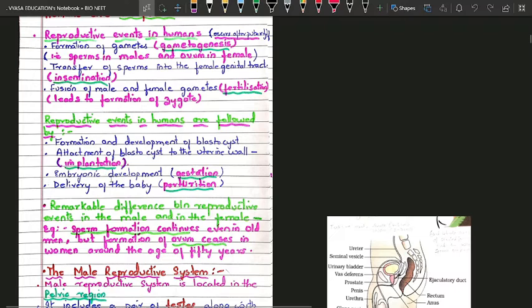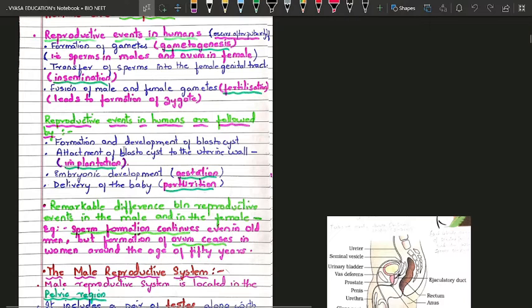That is called gestation. Gestation is nothing but the development of the baby inside the uterus. And finally after the 9th month, the delivery of the baby takes place, that is parturition.